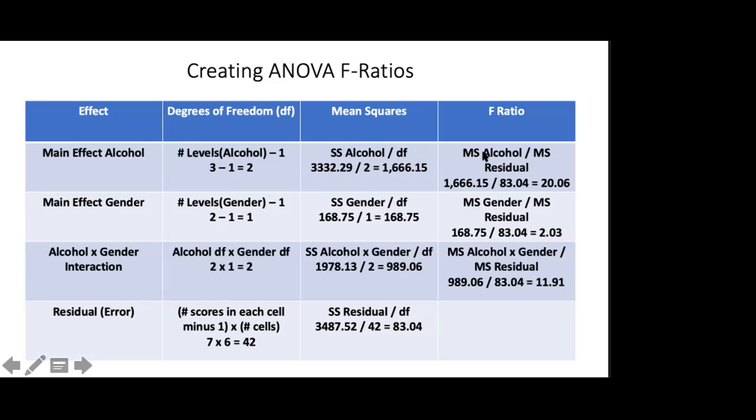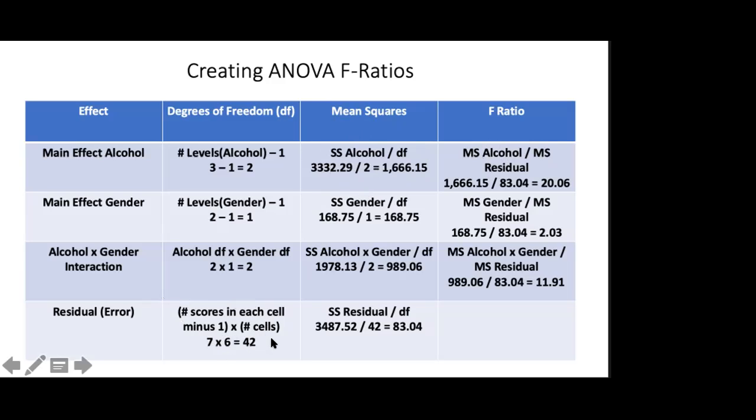Then we calculate our F ratio by dividing the mean squares for the main effect by the mean squares of the residuals. The residual degrees of freedom is 7 times 6, which is the number of participants in each group, 8 minus 1, times the number of cells, so 42 here.